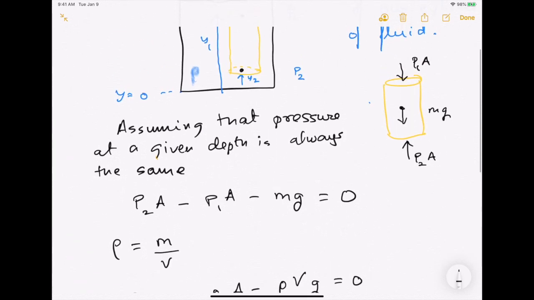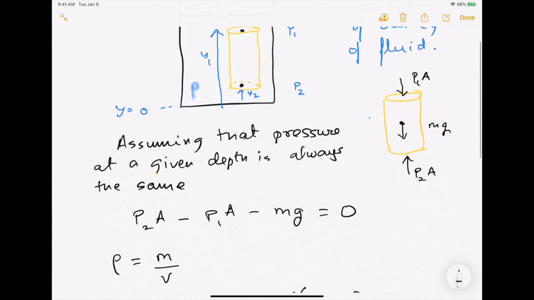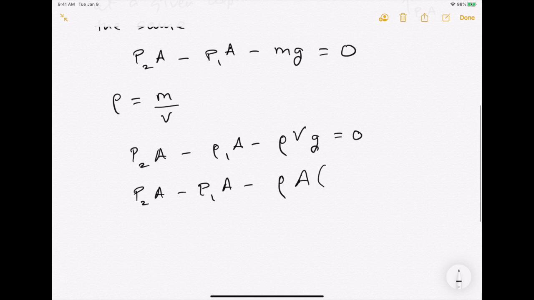And the area of the cylinder is A. So the volume is just going to be, okay, let me write this out. P2A minus P1A minus rho multiplied by the volume of the cylinder, which is going to be area times (y1 minus y2), times g, is equal to 0.